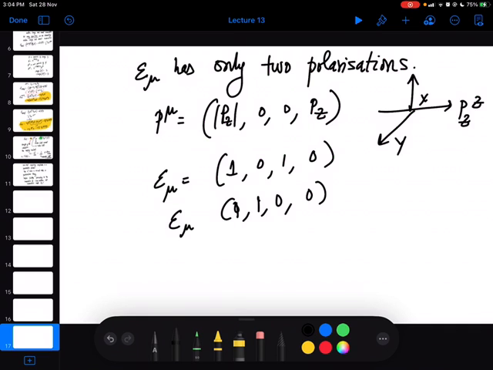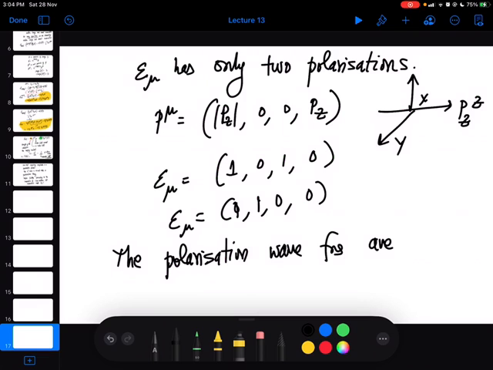The polarization wave functions are normalizable.